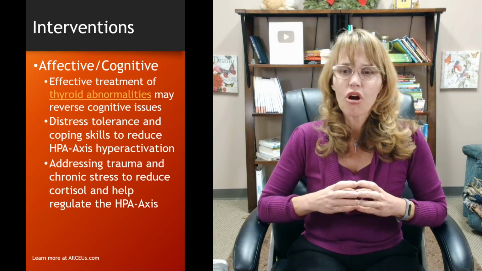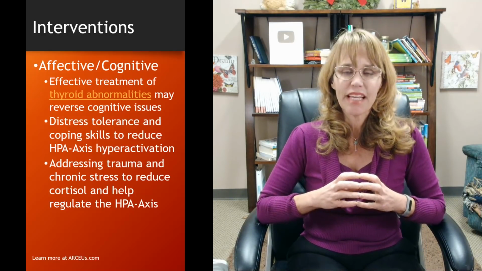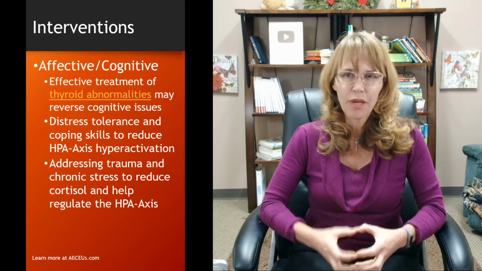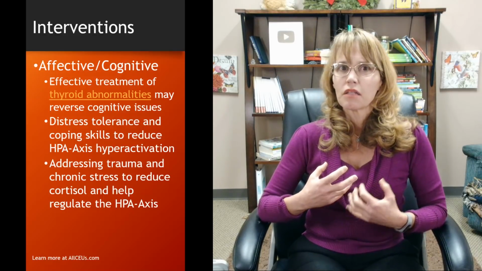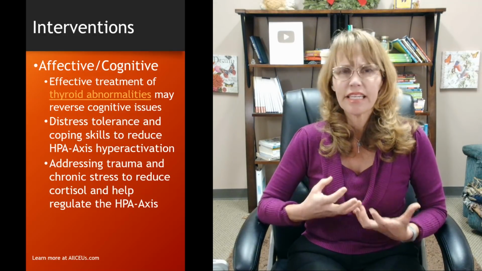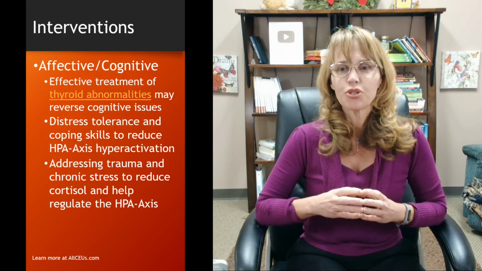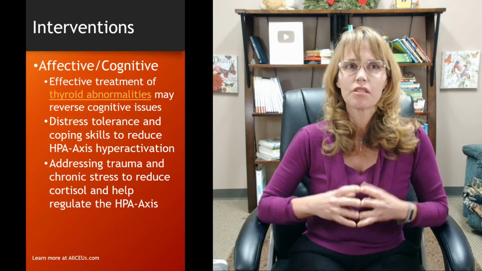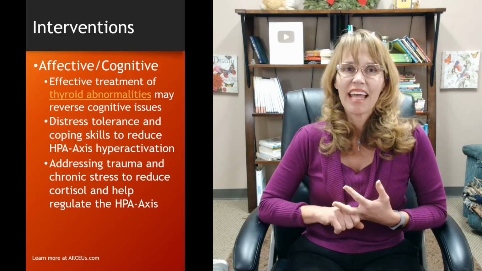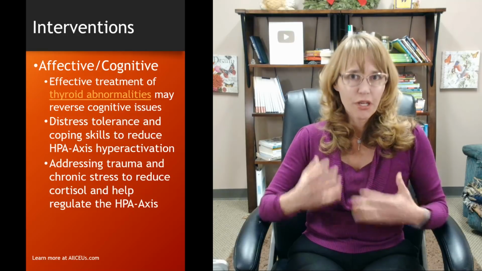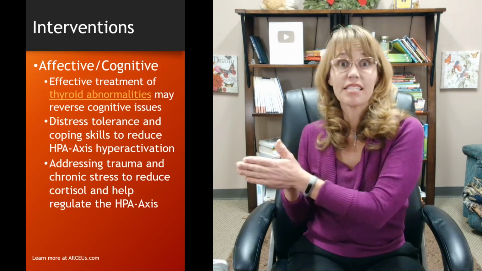Addressing trauma and chronic stress to reduce cortisol and help regulate the HPA axis are also going to be important. If somebody is dealing with long-standing PTSD or CPTSD, it's going to be important to address those issues because those things are contributing to hypervigilance and anxiety and triggering of that HPA axis on a consistent basis.